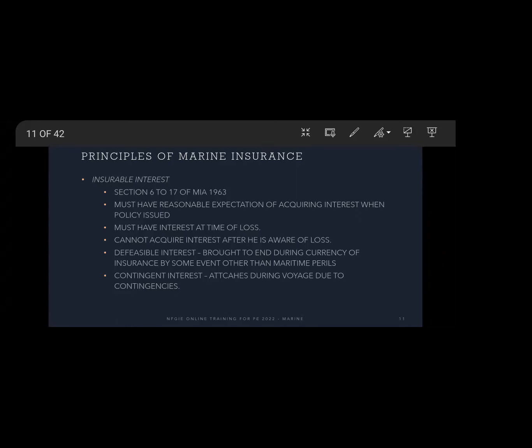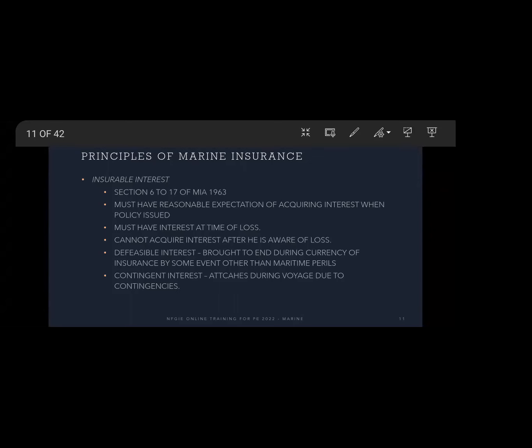In such a contingency, it's a special case. Contingency means a special case. In such a contingency, the insurable interest of the cargo shifts back to the seller. This is due to the happening of a contingency. This is a contingent interest, or the change in insurable interest has happened due to a contingency.